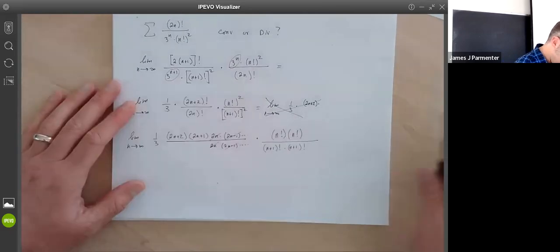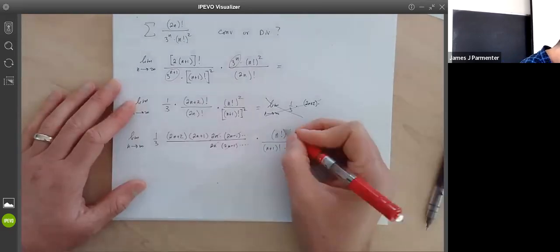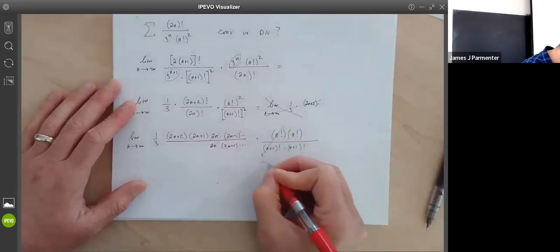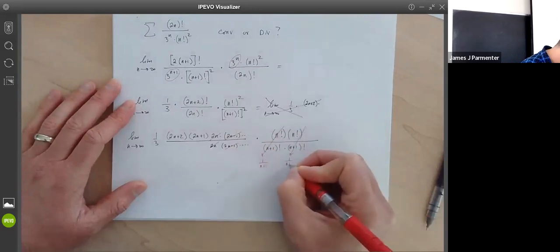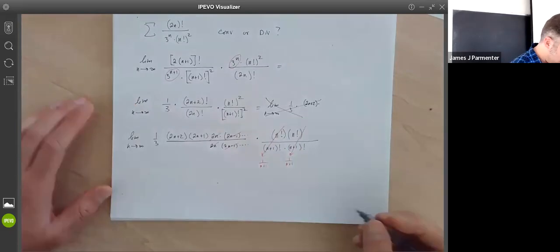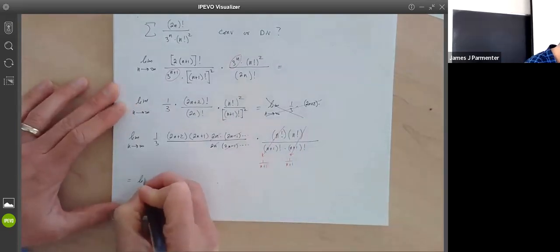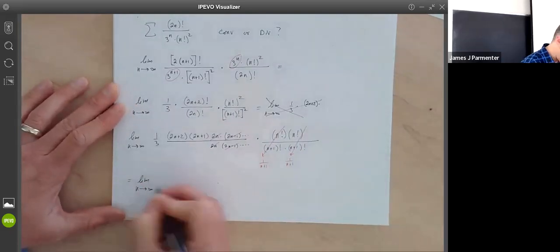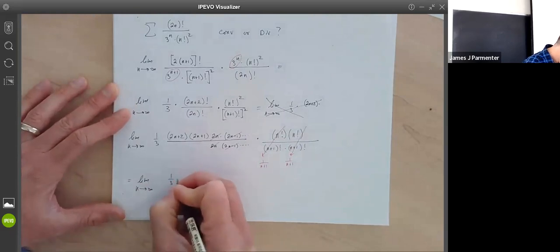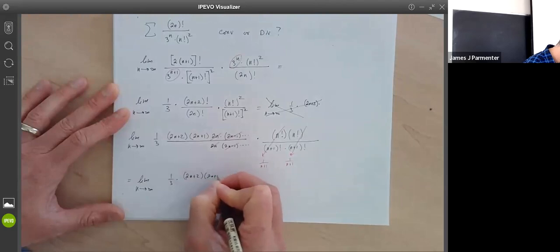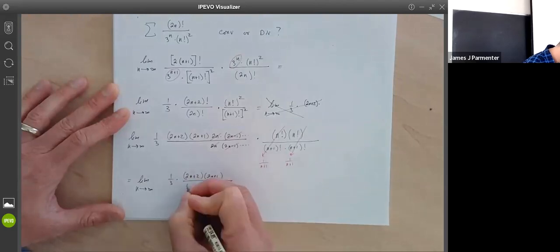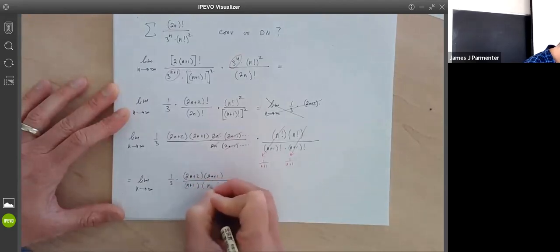So this part here is going to be a 1 over n plus 1, and this is going to be a 1 over n plus 1. So let's see what we're left with. We're left with the limit as n goes to infinity of 1/3 times 2n plus 2 times 2n plus 1 over n plus 1 times n plus 1.